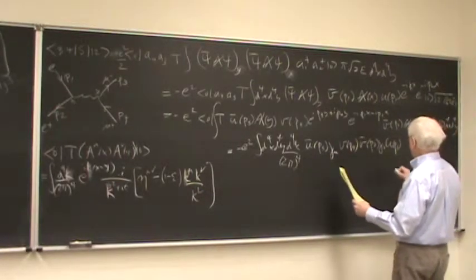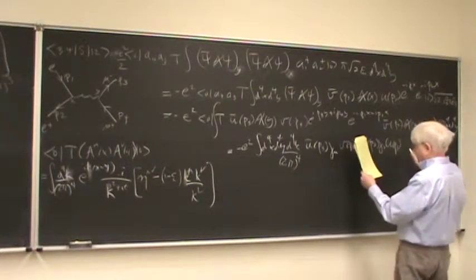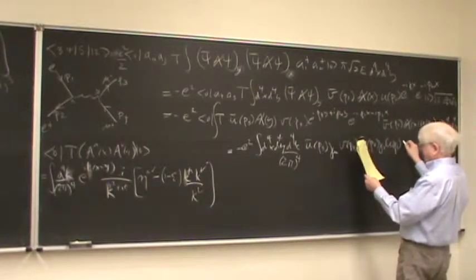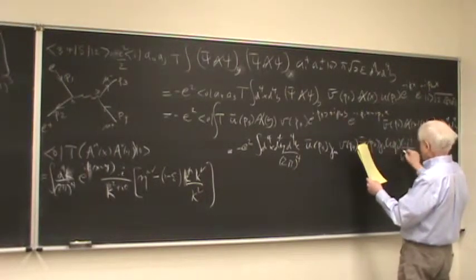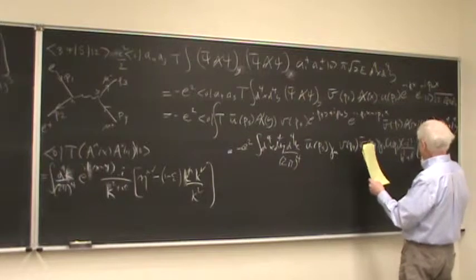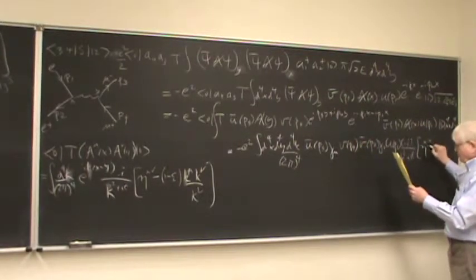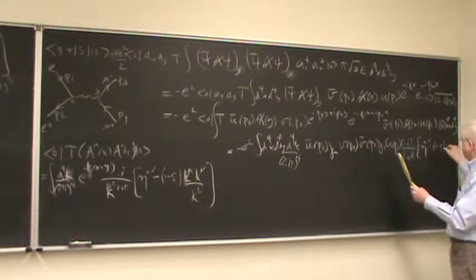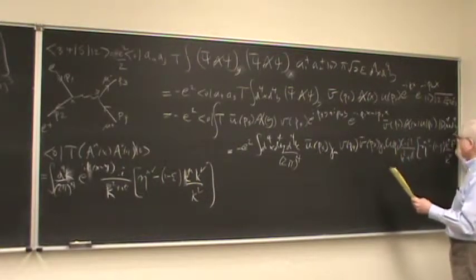And now what's left is the propagator, and so that's minus i over k squared plus i epsilon, and then this eta mu nu minus 1 minus c, k mu k nu over k squared.